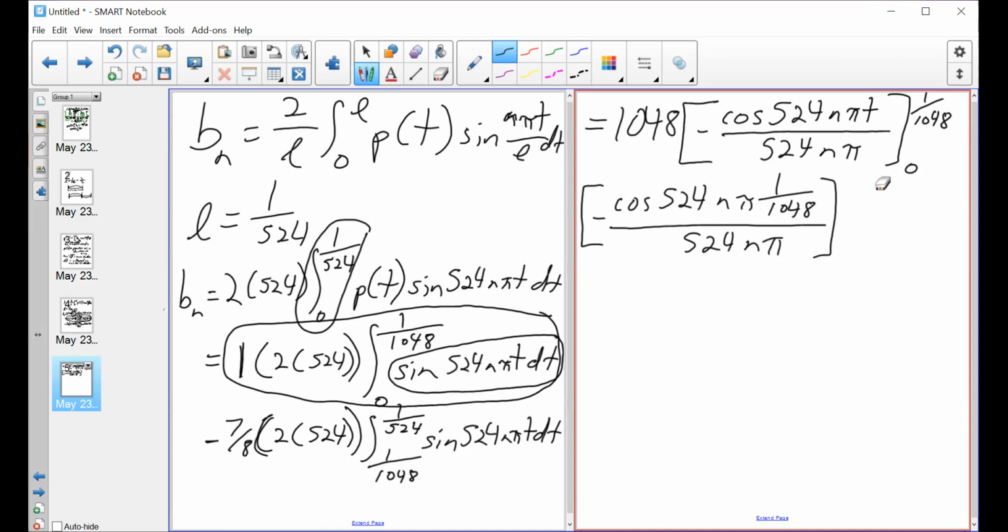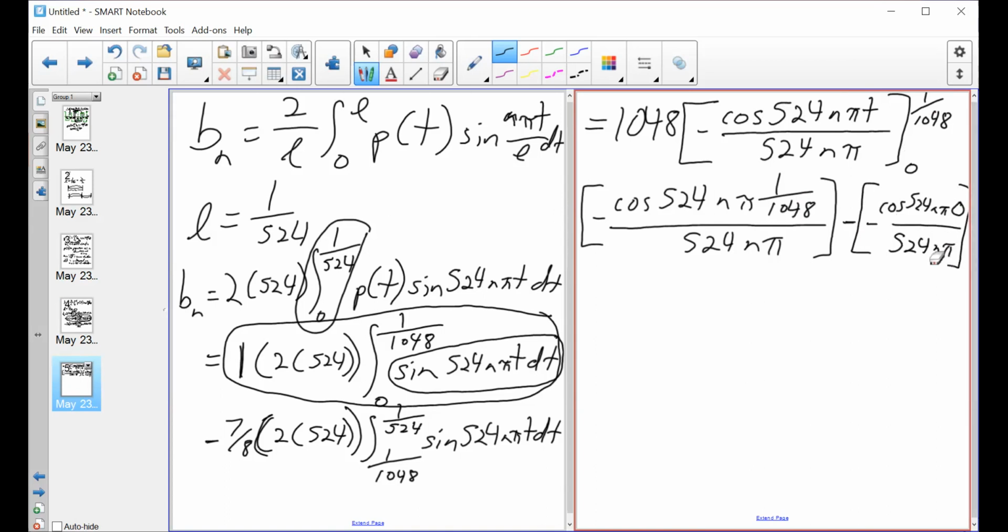This is final minus initial. So this is our final result here. Again, we've replaced t with 1 over 1048 here. And then we're going to subtract from the same function with 0 now. Remember, this minus sign always stays around. So it's going to be negative cosine 524 n pi times 0, divided by 524 n pi.